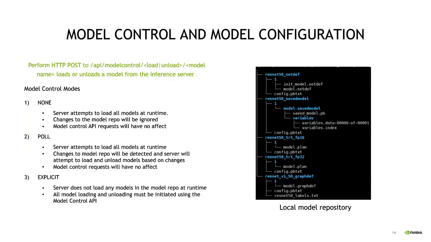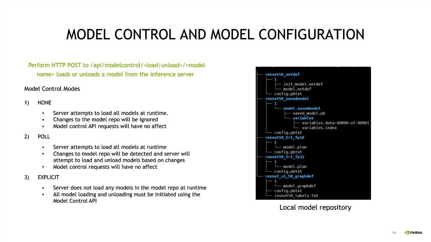We also have a model control and model configuration method. Currently, we use the file system to manage the model repository, and we give some options to control loading and unloading the models in some specific ways, such as loading all models at runtime, or you have to explicitly load the models you want.